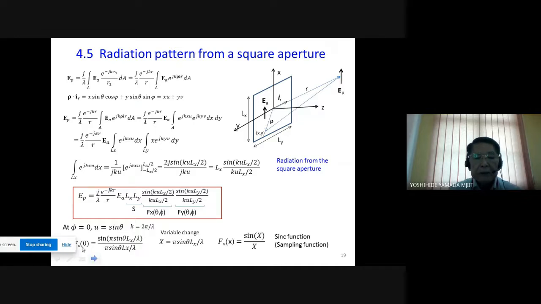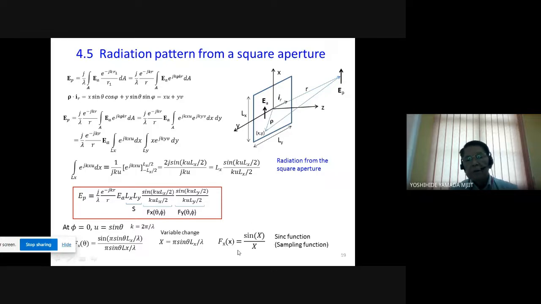So for Fx, this X direction radiation pattern becomes this one, and this part is expressed by x. Then the X direction radiation pattern becomes like this one: sine x divided by x. This is a very famous function called the sinc function or sampling function.